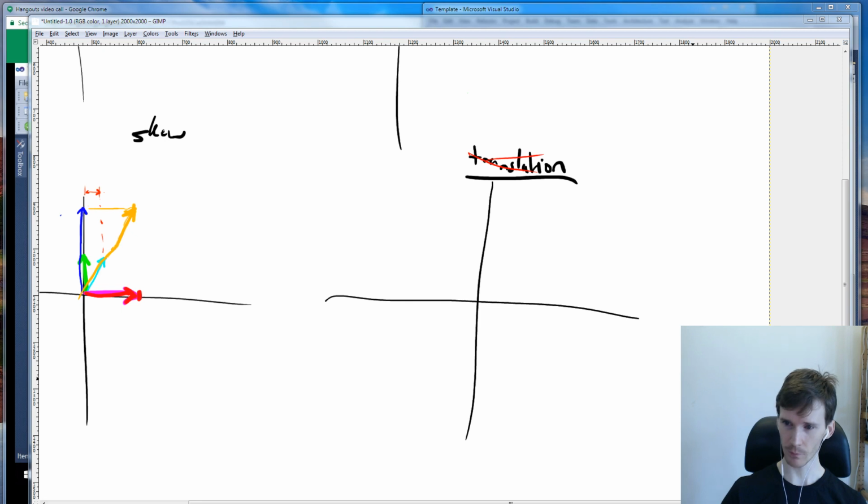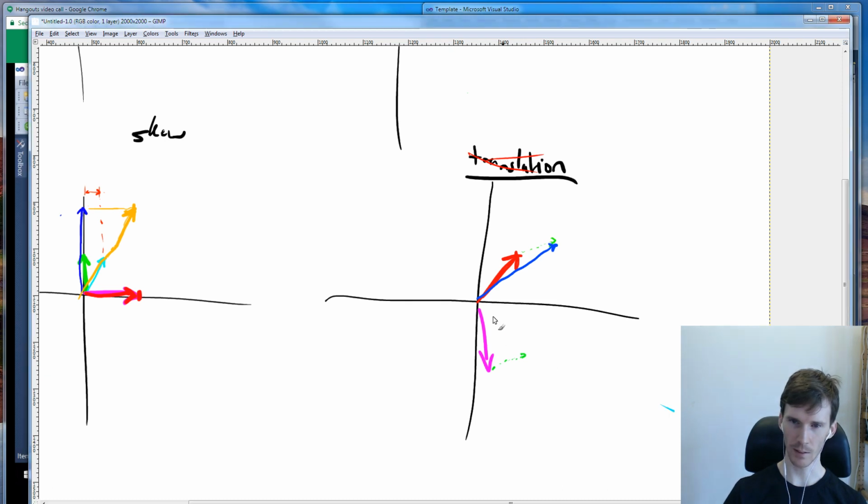So if you have a vector out here, a translation would be like, let's add that to it and get this vector here. And we might also have this vector here, and if we add that same sort of green dotted one to it, we get this vector here.